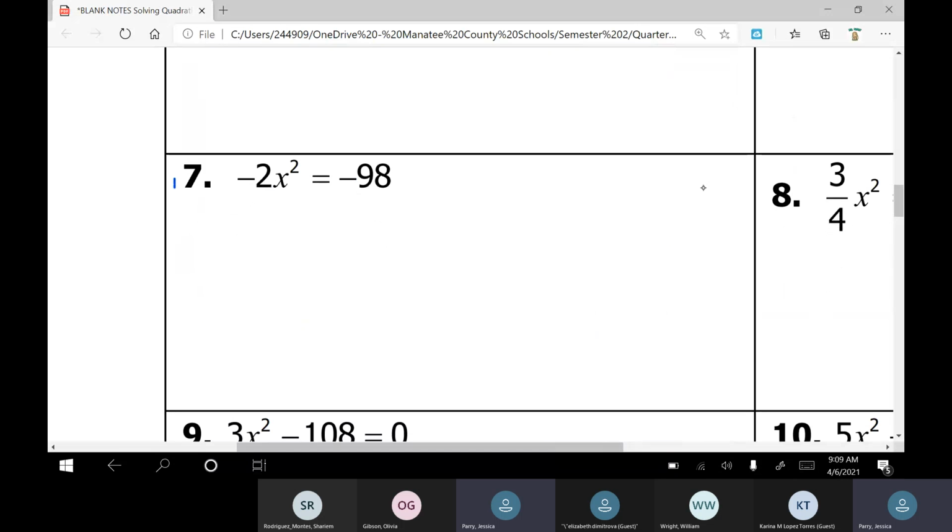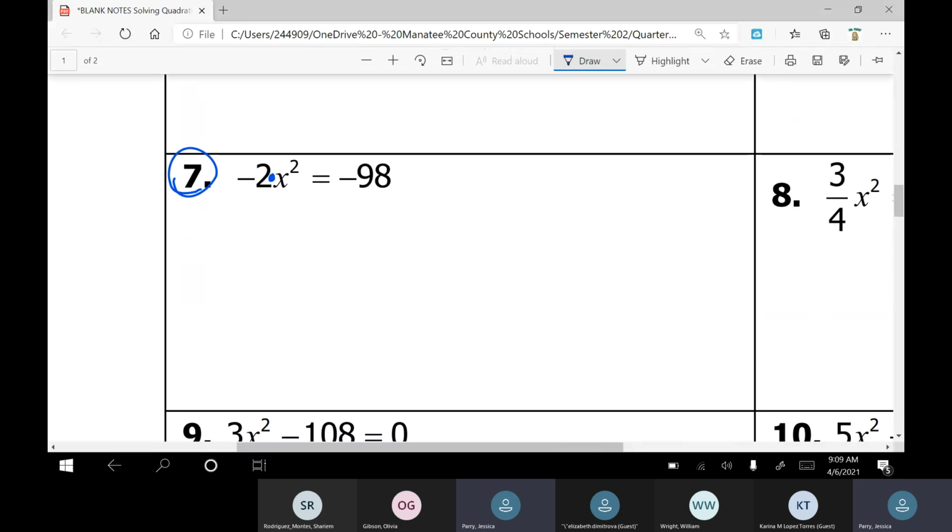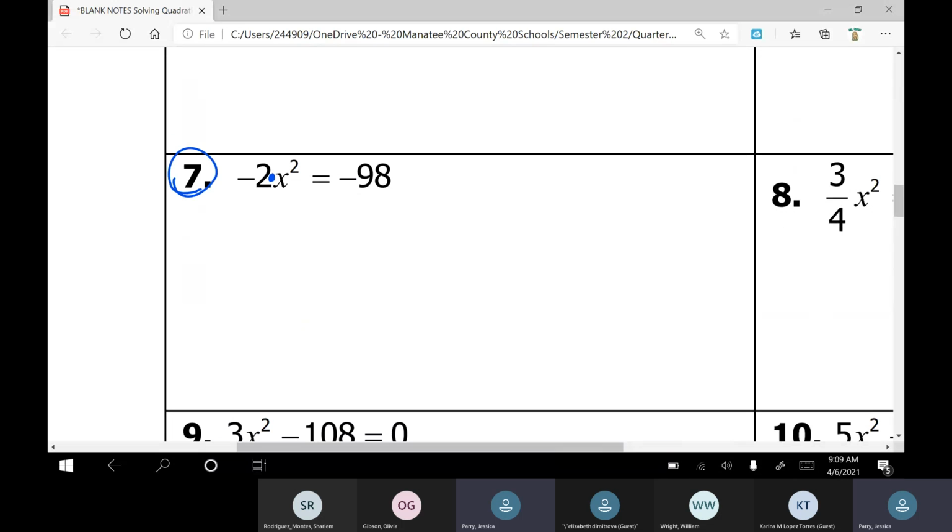Let's do number 7. So we have negative 2x squared equals negative 98. Our first goal is to isolate the variable, or the x squared. We read this as negative 2 times x squared. So just like solving an equation, I'm going to get rid of that negative 2 by doing the opposite of multiplication, which is division.